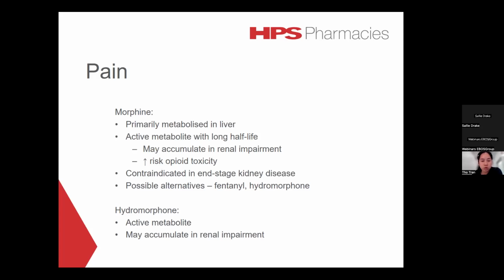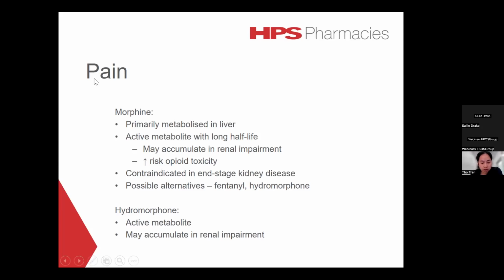Possible alternatives such as fentanyl or hydromorphone can be used, and both of these medications can be used subcutaneously. However, hydromorphone has an active metabolite, hydromorphone-3-glucuronide, which can accumulate in renal impairment. So when using hydromorphone, we'll have to check their renal function as well.